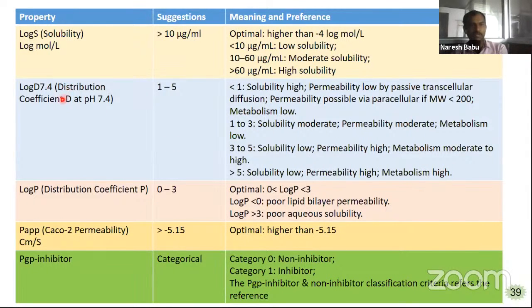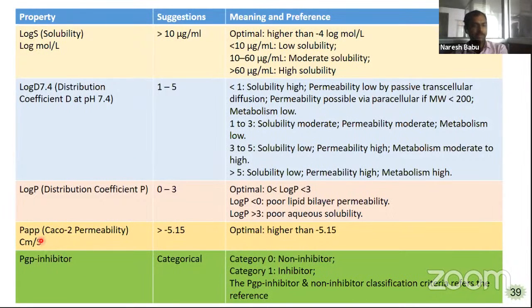So based upon this distribution, we can observe the effect on metabolism and permeability. And log P, the partition coefficient, should be 0 to 3. If it is less than 0, there is poor lipid bilayer permeability, and greater than 3, there is poor aqueous solubility.